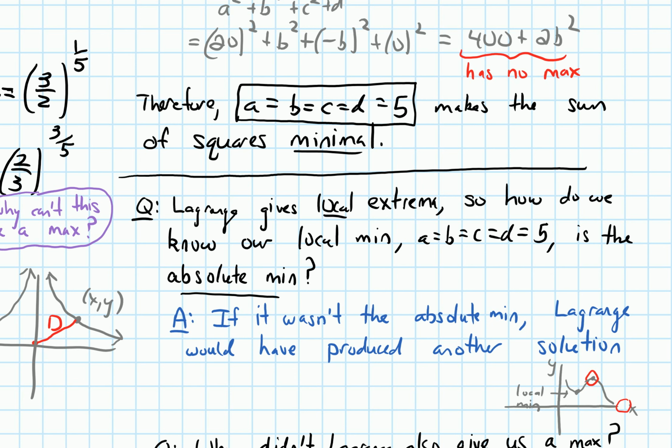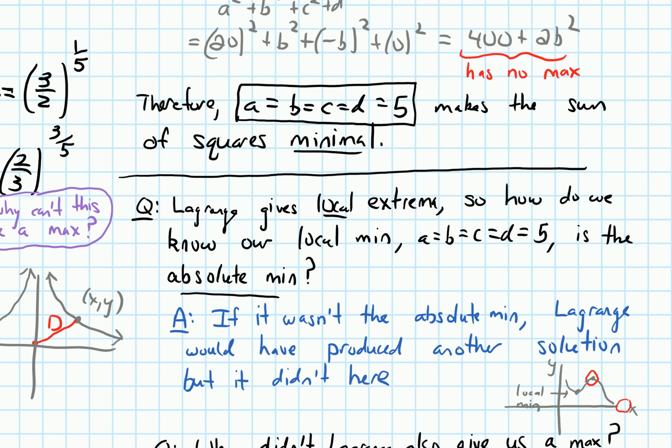But in any case, Lagrange would have had to produce this other solution. At the least, it would have had to produce that local max where it changes direction and starts to go down lower. But in this question, it didn't. There was only one solution.